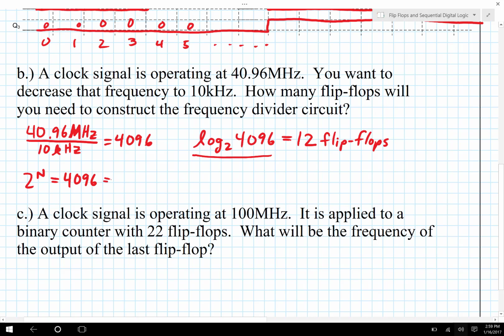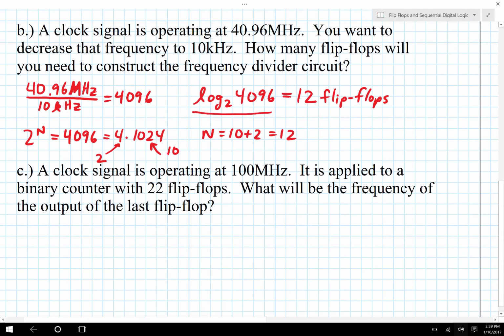Well, I know that 4,096 is going to be 4 times 1,024. I know that this is going to need a power of 10. This one's going to need a power of 2. So therefore, n is equal to 10 plus 2, which is 12. So in either way that you solve it, you're going to end up with 12 flip-flops.